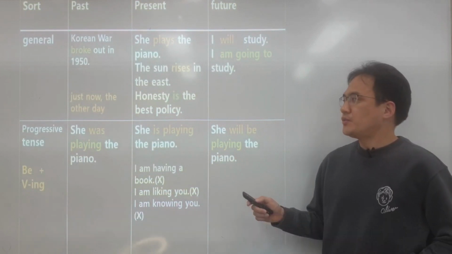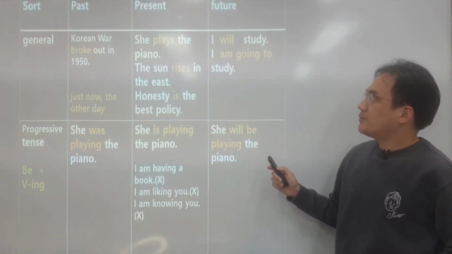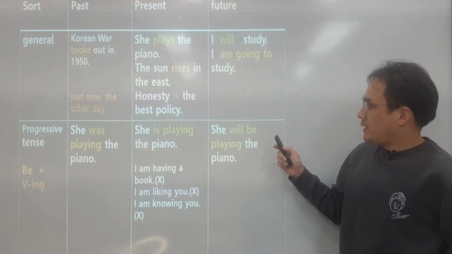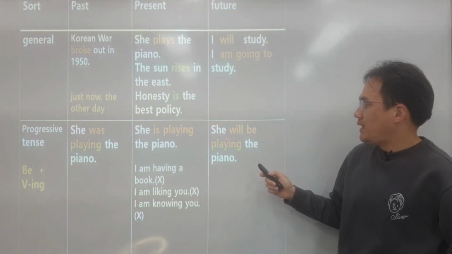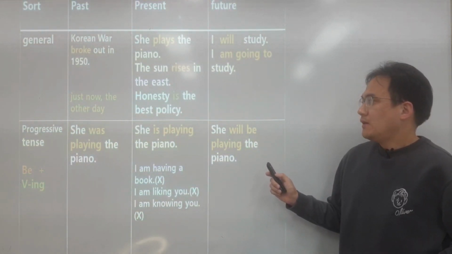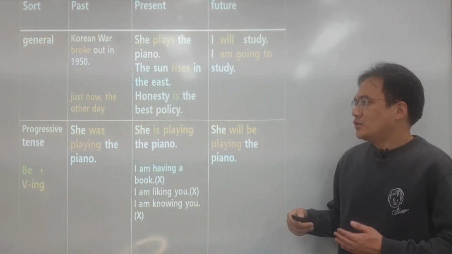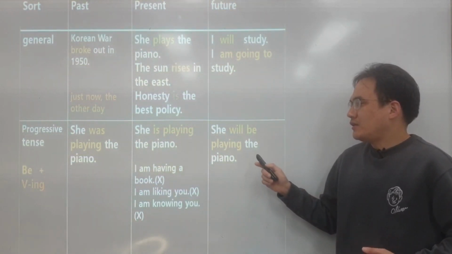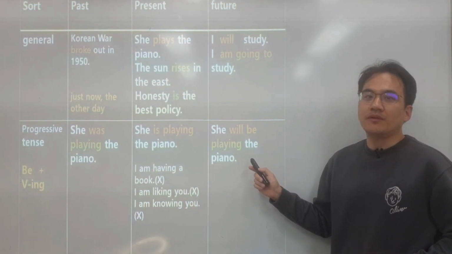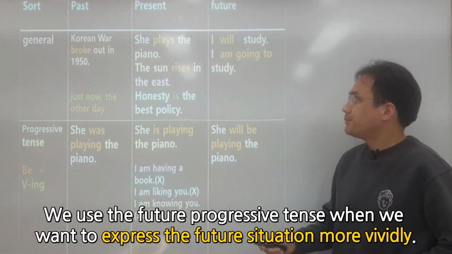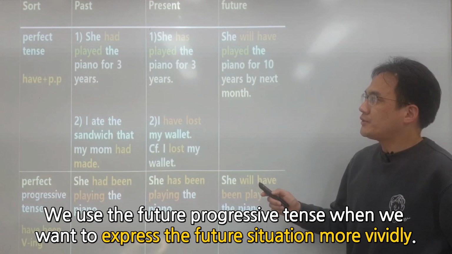The difference between she will play the piano and she will be playing the piano is that future progressive tense describes that future situation more vividly. That's all.